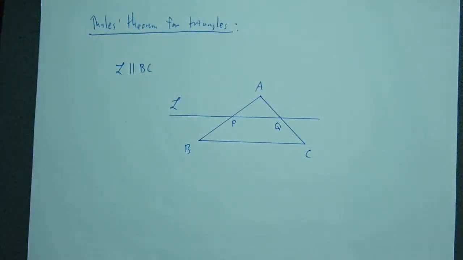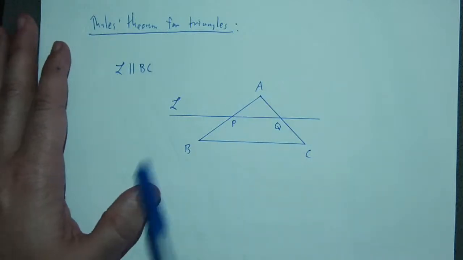Okay. So what does the Thales theorem say? It says that this line that's parallel to BC cuts any lines that it crosses into proportional segments. What does this mean in this context?